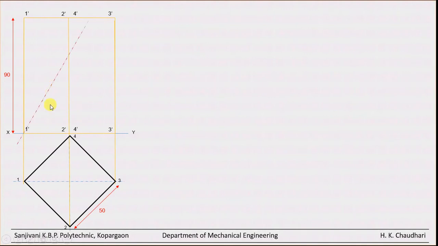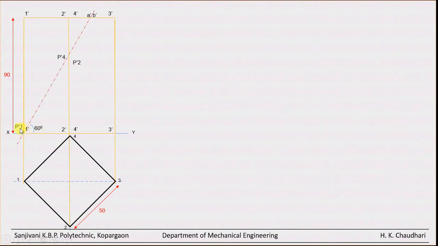Now draw this cutting section plane at an angle of 60 degree with this horizontal xy line. Now this horizontal xy line means it is the base, and this section plane is passing through one of the corners of the base. Clear?